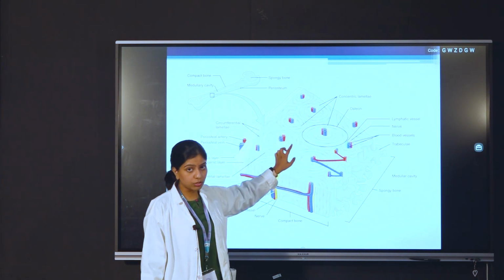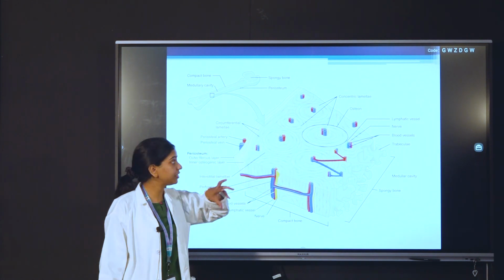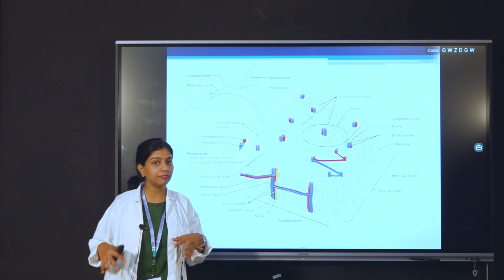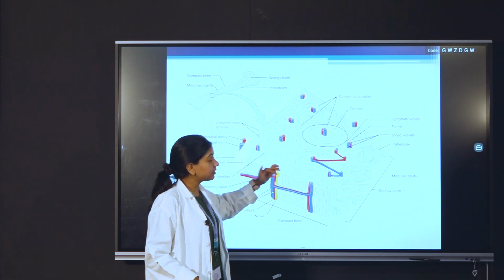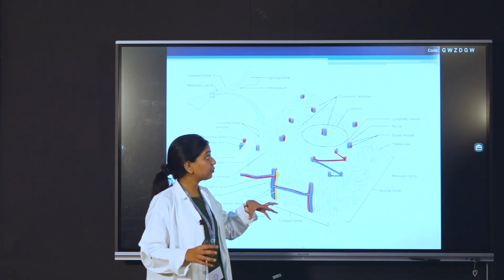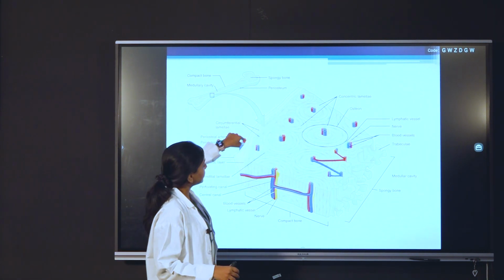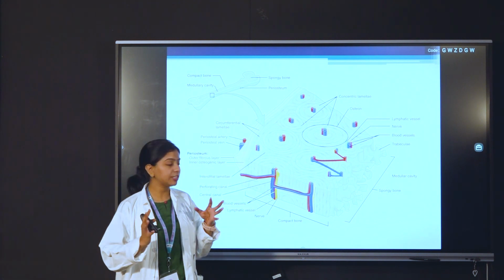Between these osteons or Haversian systems, there are some more lamellae which are known as the interstitial lamellae. Now surrounding the entire thing, there are again some lamellae which are known as the circumferential lamellae. That is, they are present circumferentially around all the Haversian systems.